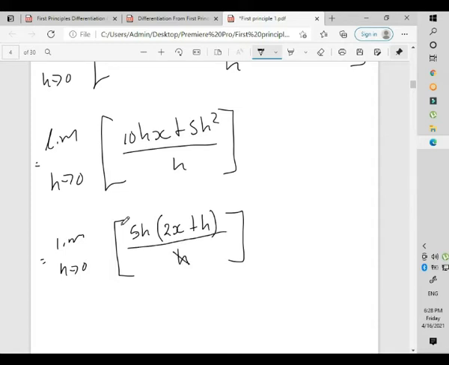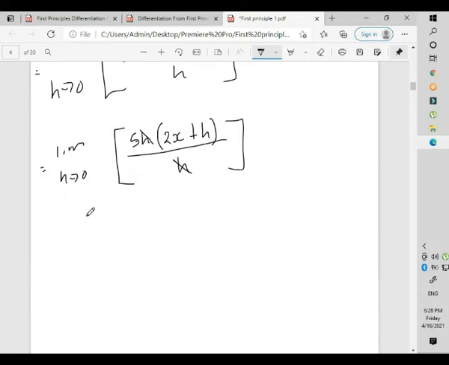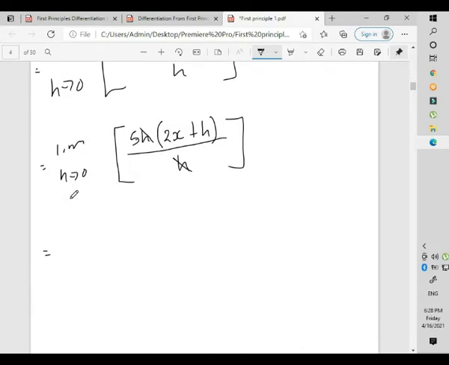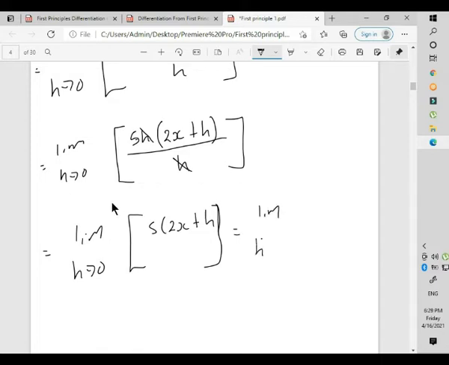Now with this being done, this h would cancel that there, leaving me with the limit as h approaches 0 of 5 times 2x plus h. And this is going to be equal to the limit as h approaches 0 of 10x plus 5h.